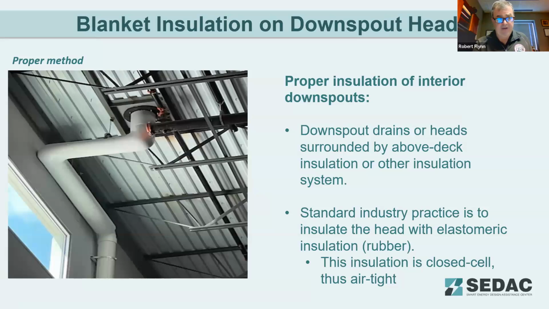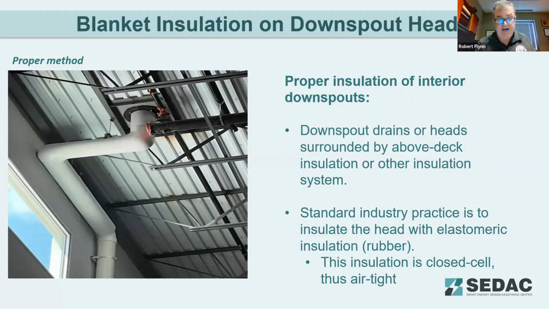So the next picture that we have up here is a proper method for the most part, about 90% proper. We'll get into that in just a moment, but a proper insulation of interior downspouts. As you can see, you have the elastomeric insulation up at the top, at the base of the roof head there, and the insulation coming down. They actually dug out for the hanger, so there was an improper hanger put on.